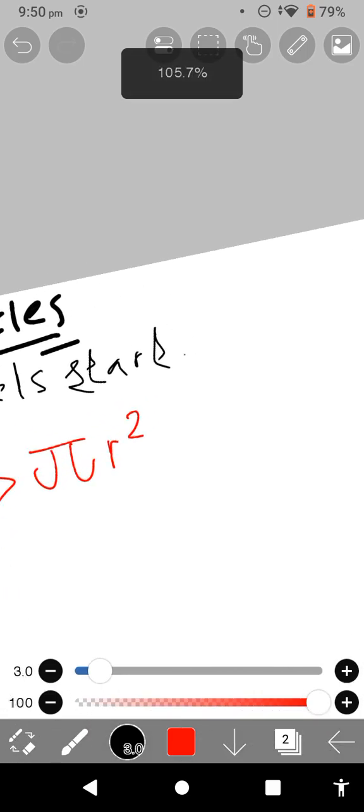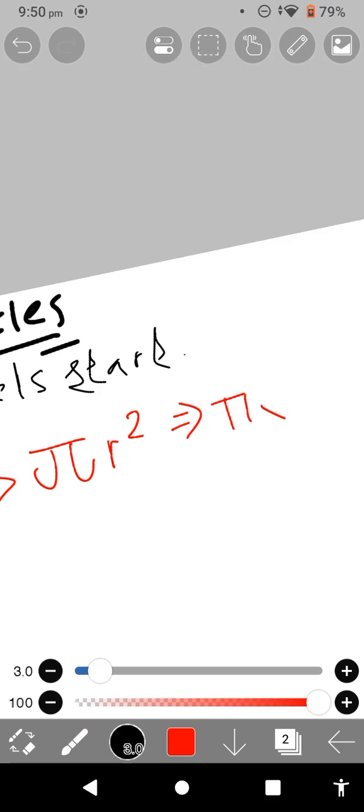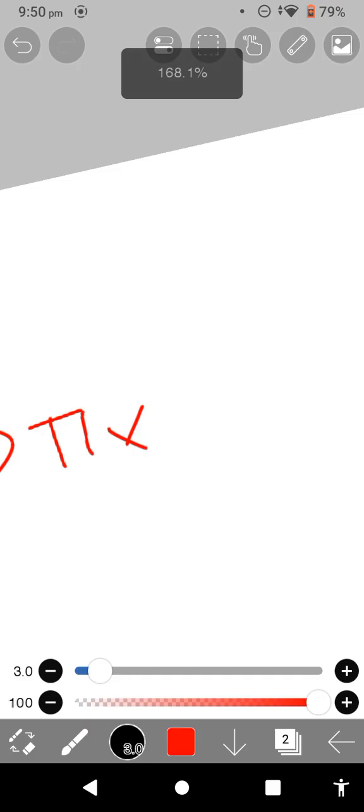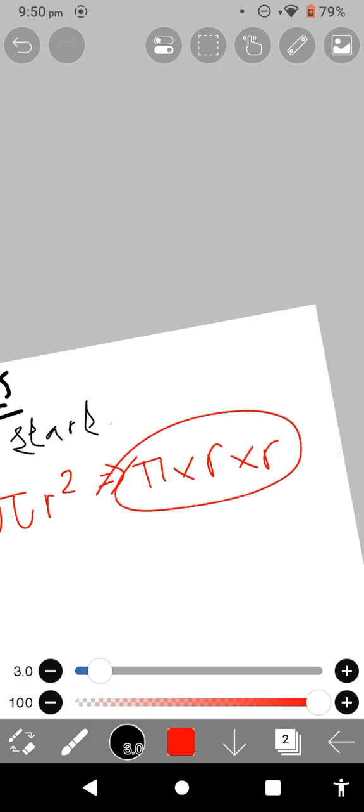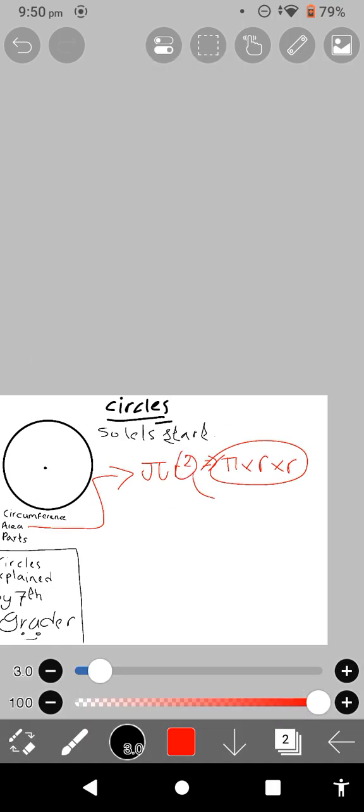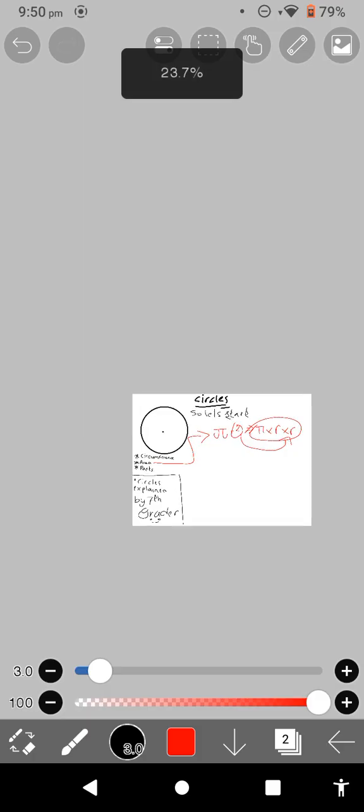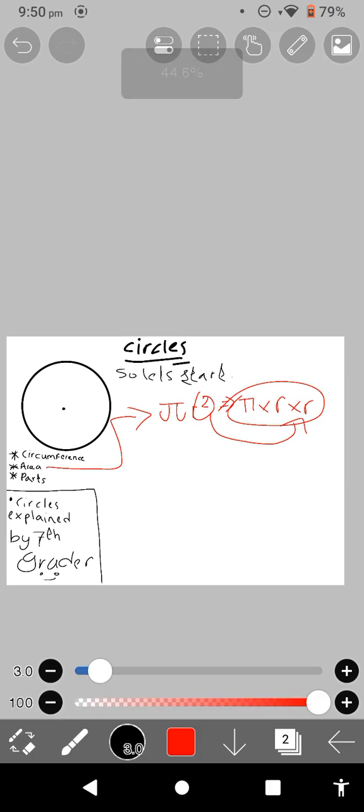That means pi is multiplied by the radius, which is multiplied by the radius. This is it, r square. Now let's take a problem first and then we'll explain it deeper.